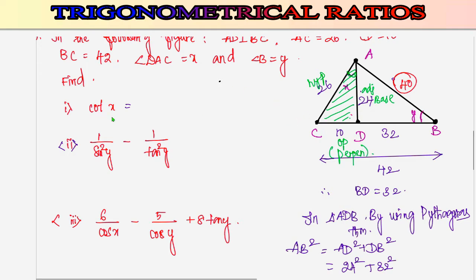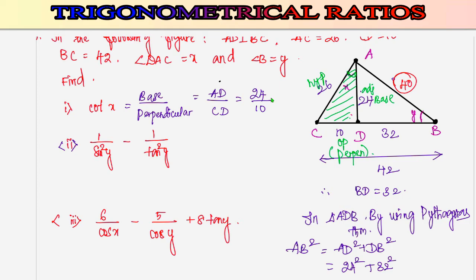By using this concept we will solve this problem. So cot x is equal to base divided by perpendicular. Base is AD divided by perpendicular CD, equal to 24 divided by 10. If we simplify here, 2 12s are 24, 2 5s are 10, so 12 by 5. This is the cot x value.